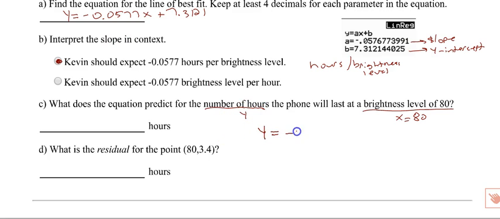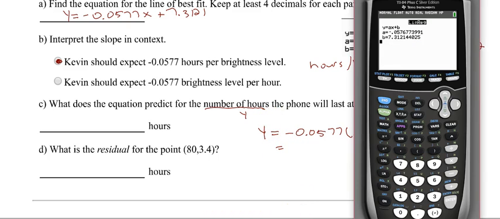Y equals negative 0.0577 times 80 plus 7.3121. And I get a prediction for the number of hours at a brightness level of 80. So I'm going to do that. Negative 0.0577 times 80 plus 7.3121.